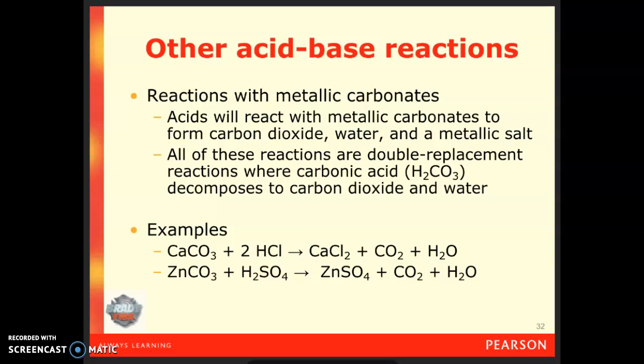For one, we have reactions with carbonates. Carbonates will give a reaction with acid that will produce carbon dioxide, water, and some sort of salt. And it doesn't matter what kind of carbonate it is, we'll always see the same kind of reaction. Carbon dioxide, water, and salt.